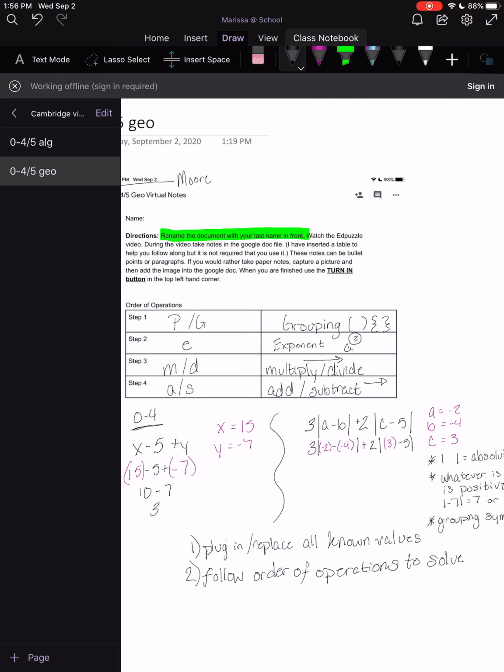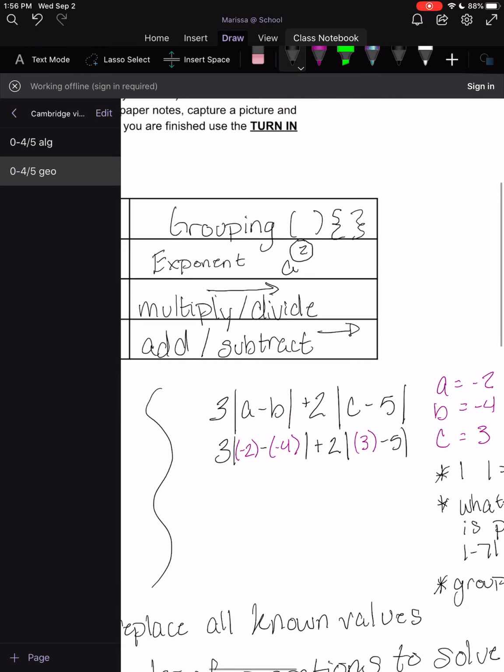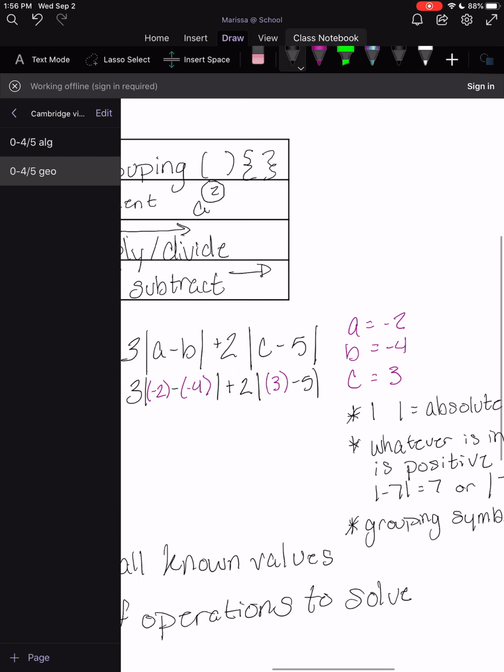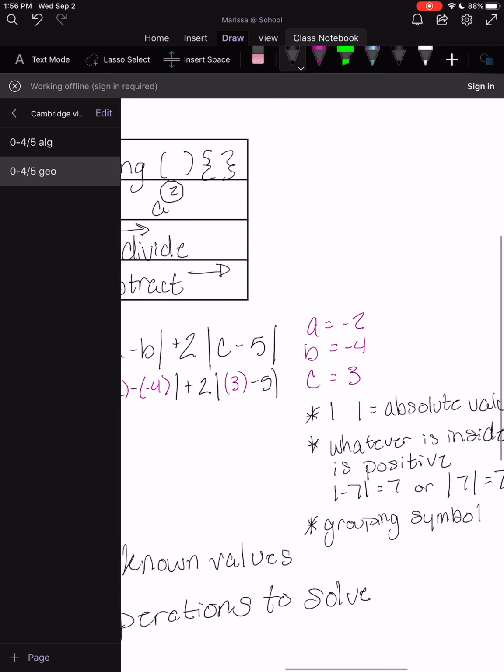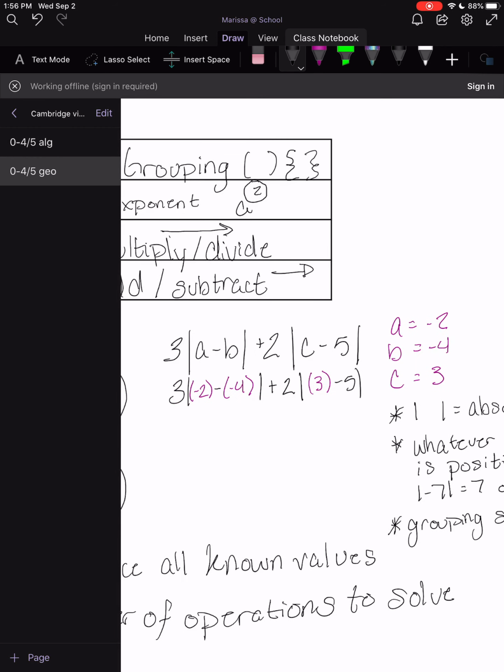So if I'm given a problem like this, plug in and replace all the known values and then follow your order of operations to solve the problem. So first thing in the order of operations is your parentheses or grouping. I just told you that absolute value signs are a grouping symbol. So I'm going to do whatever is inside those absolute value signs in these two places here first, and then I'll worry about the rest.